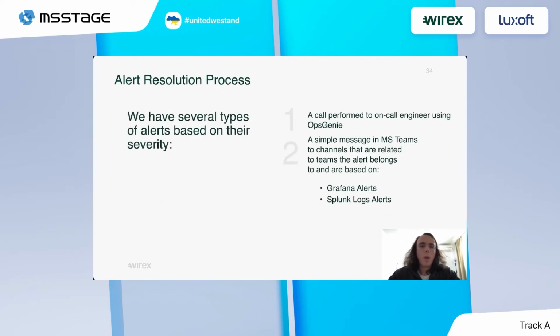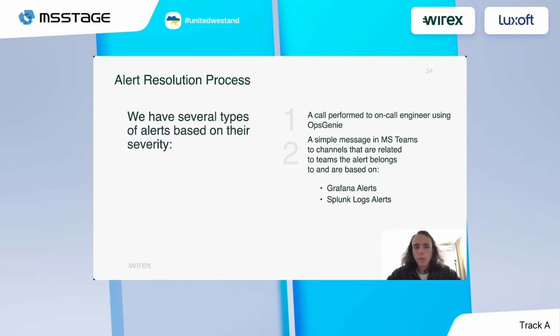Let's get to another one. Okay, the alert. The alert is the start point of the potential issue. Let's describe the alert resolution process. We have several types of alerts based on their severity. The first and the main one is critical severity.